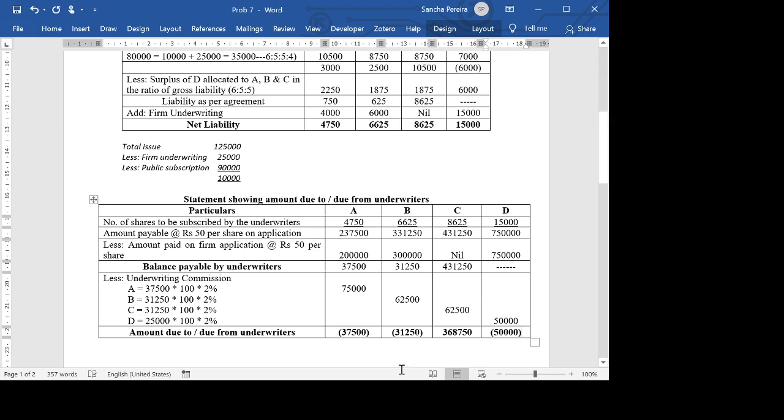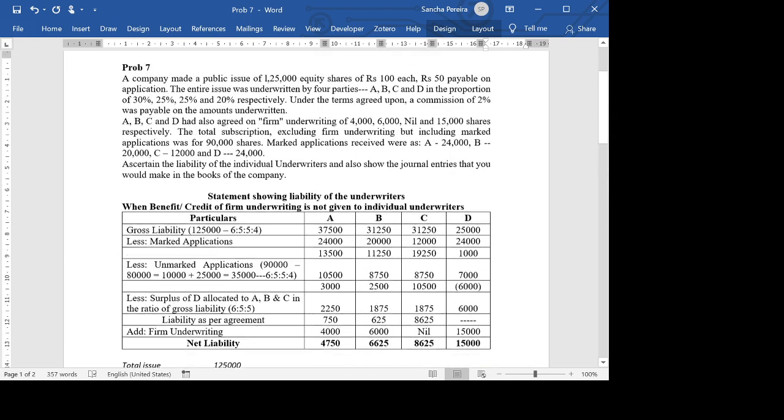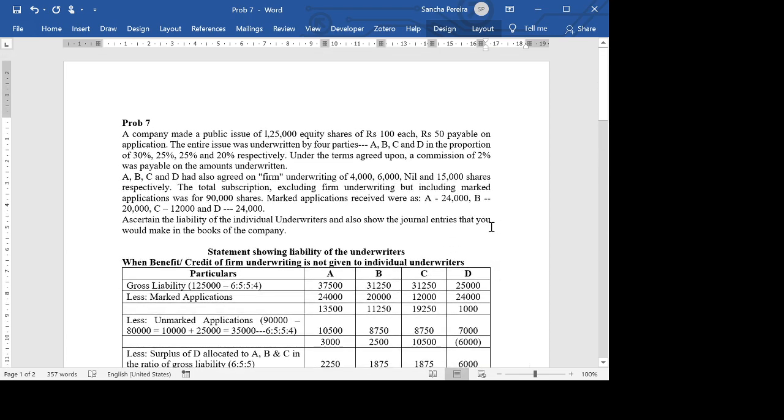Okay. I will go on now to the journal entries. What else they have also asked is journal entries that you would make in the books of the company.